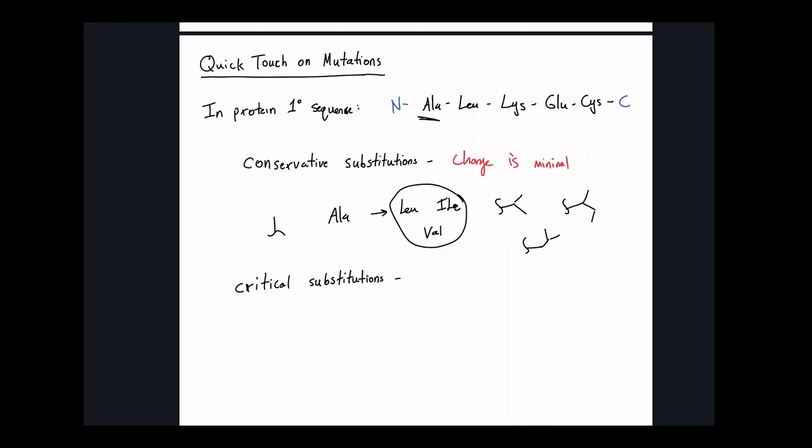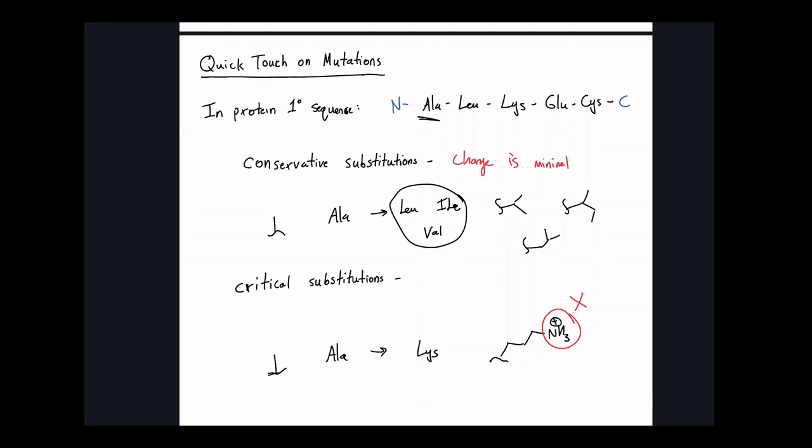A critical substitution might be turning an alanine into a lysine, right? Alanine was just 1 carbon, but lysine is this very long chain, and it has a positive charge. That positive charge might be really bad for the protein's function, right? It's very different. So ideally, if you're thinking about mutations that can have an effect, when you're thinking about amino acids, it's good to think about those groups and what those key differences are.